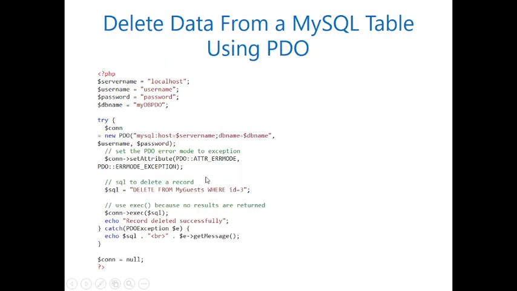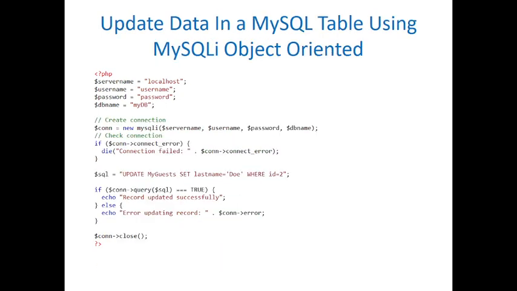Before it was insert, delete, now it is update. If you understand these steps of connecting, these are the common statements you write according to your requirement. First make a connection, then prepare the statement, execute the query, perform the operations, and close the connection.